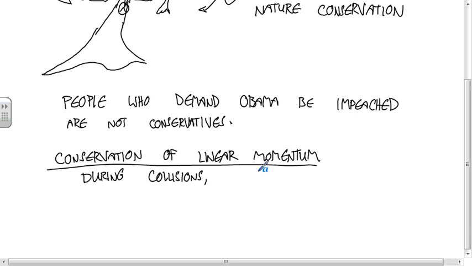During collisions, the total linear momentum of objects is conserved.